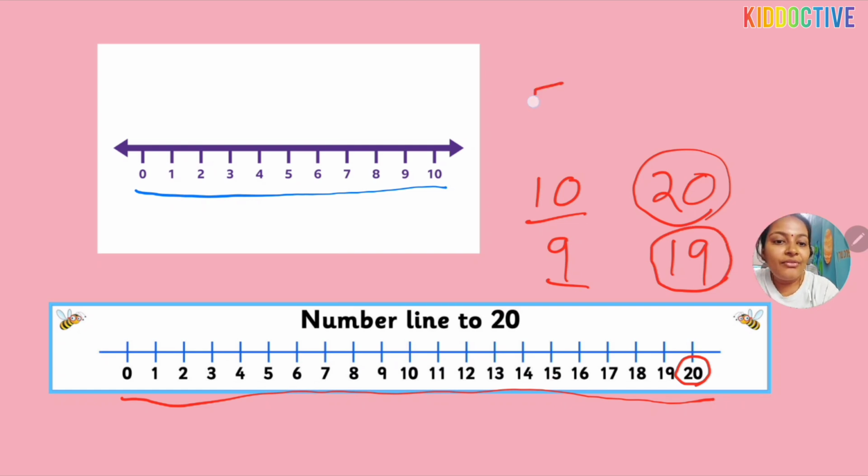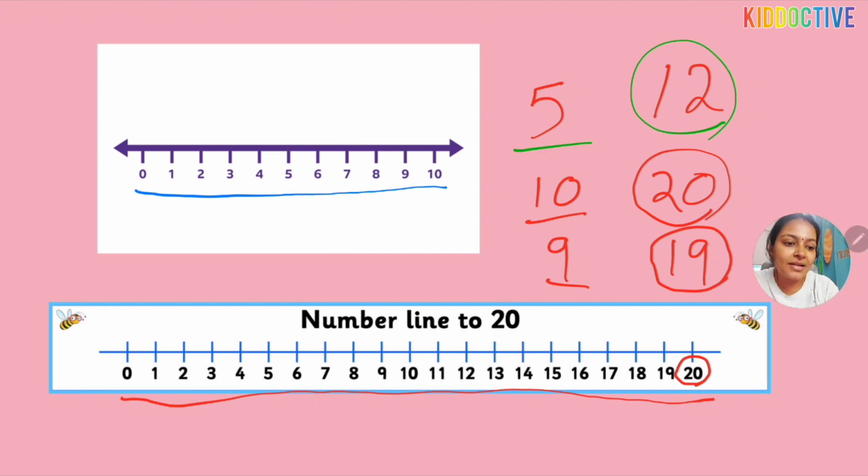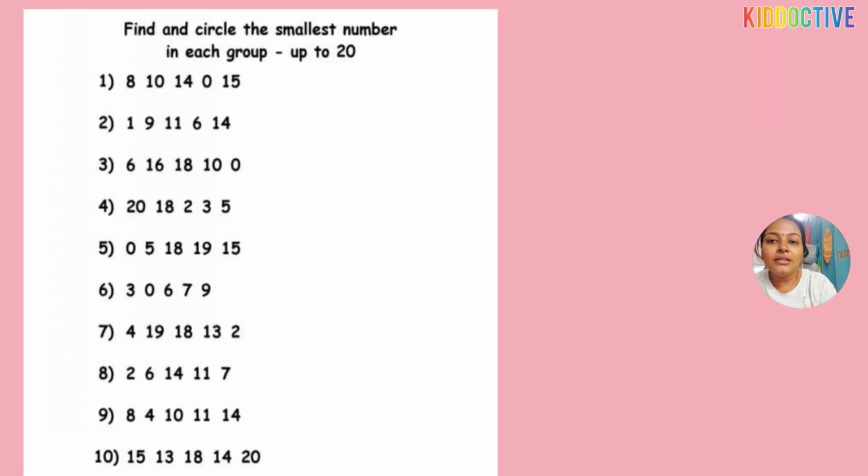If we compare 5 and 12, then if your answer is 12 is the biggest number, then you learned it right. And 5 is the smallest number. In this way, we are going to know the biggest number and smallest number. Find and circle the smallest number in each group.